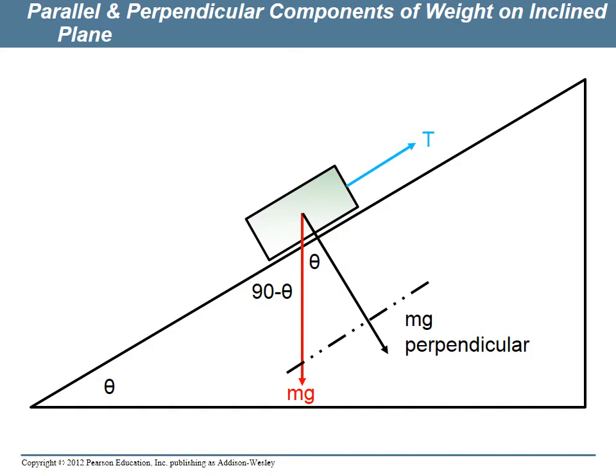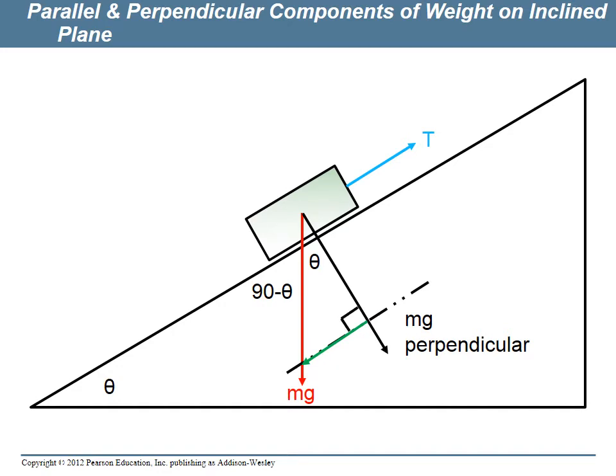I didn't put the time into drawing them to scale, but this would come down to here, then this would look exactly like this, and this one would come down here. But this is just a line in the parallel direction. So this would be the component of the weight in the parallel direction, right?